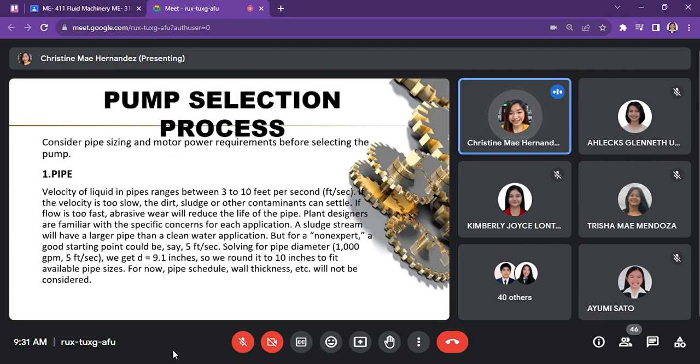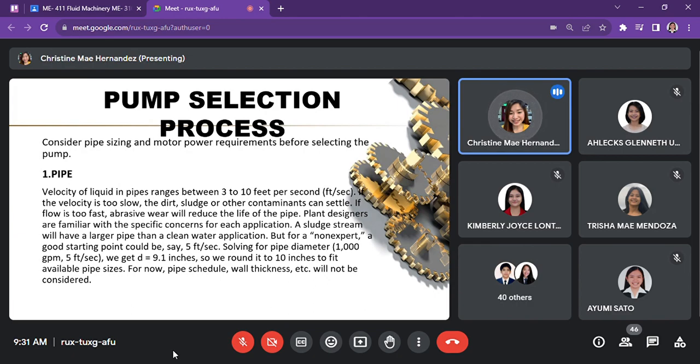Next one, pump selection process. Consider pipe sizing and motor power requirements before selecting the pump. First is the pipe. For example, Q is equal to area times velocity.